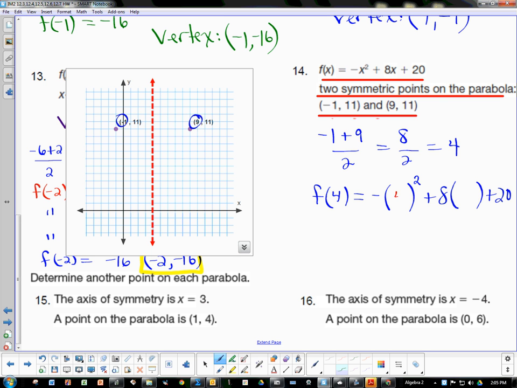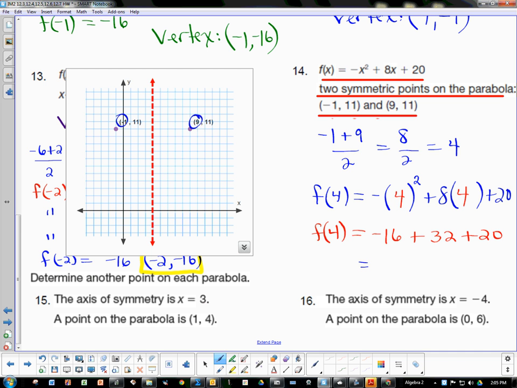Okay, this happens to be a 4 here and a 4 here. So f at 4 is equal to, well, this squared right here has to only apply to the 4, not the negative. So this is going to be negative, and then 16 plus 32, and then plus 20.